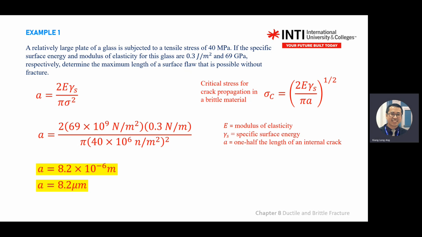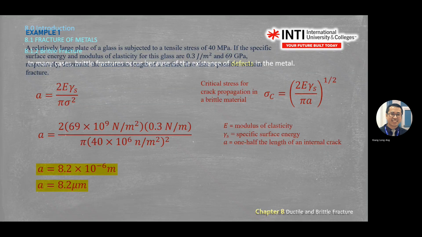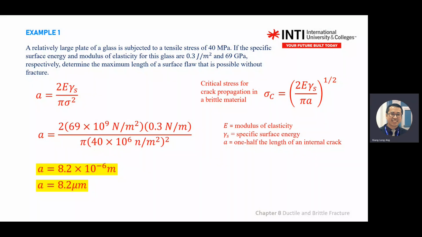Minus 6 is micron. Okay. So this is the maximum length of the surface flaw possible without fracture. So this A is half of the length of the internal crack. It means if you use this equation, you are looking at 40 megapascal.